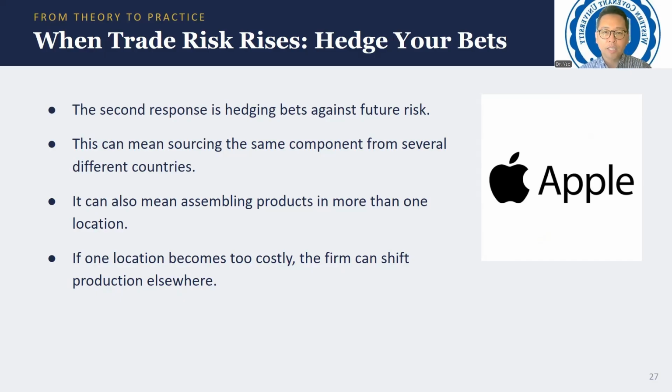It can also mean assembling final products in more than one country. The advantage of this strategy is flexibility. If a trade dispute suddenly raises tariff barriers in one location, making it less economical, the company can shift some of its production to another location instead, without shutting down completely.